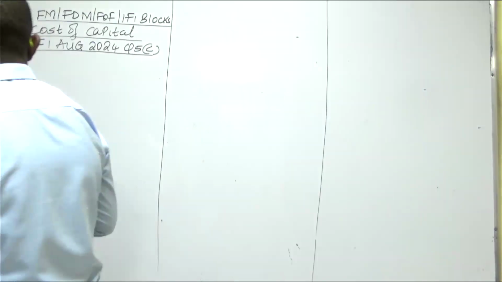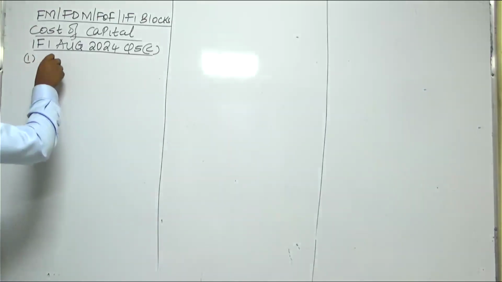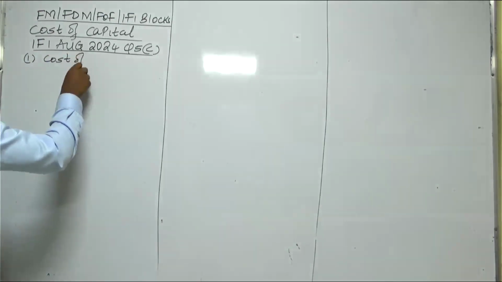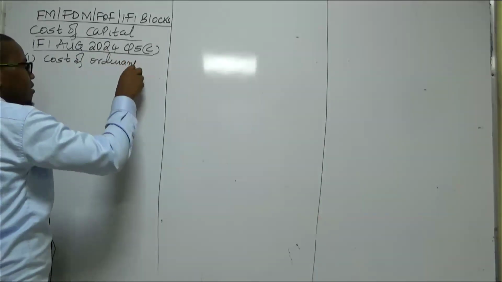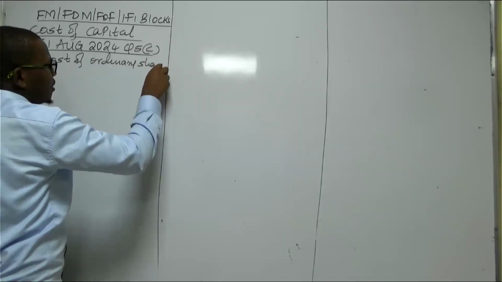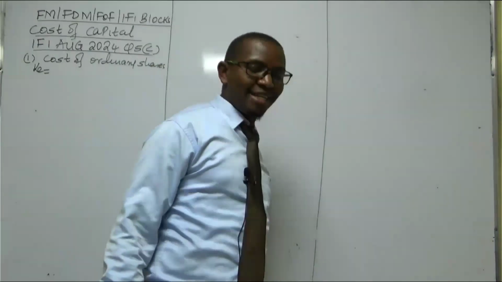So now, the one on Roman number 1, the cost of ordinary shares. This is our KE. Here we were given the expected dividend.